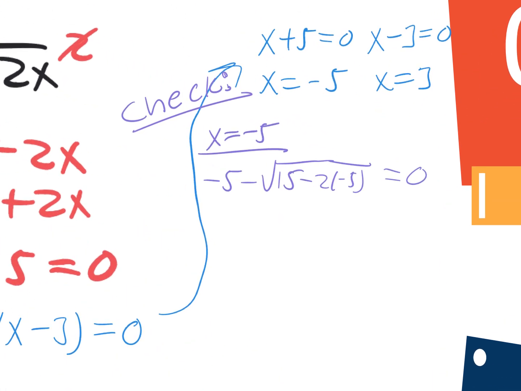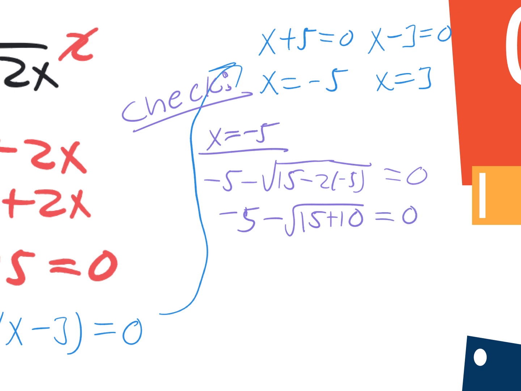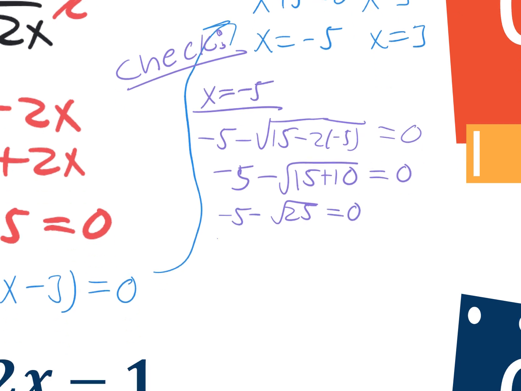Now, underneath the radical, we get 15 plus 10. Negative 2 times negative 5 is positive 10, so we get 15 plus 10, and 15 plus 10 is 25. So we get negative 5 minus the square root of 25 is 0, and then you get negative 5 minus 5 equals 0.